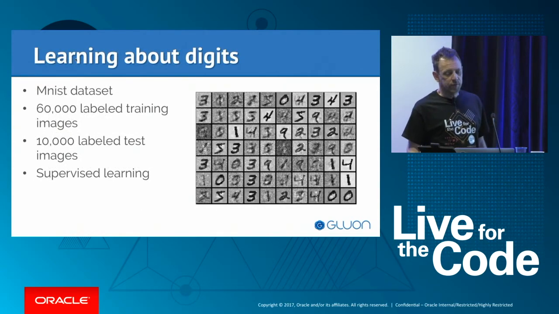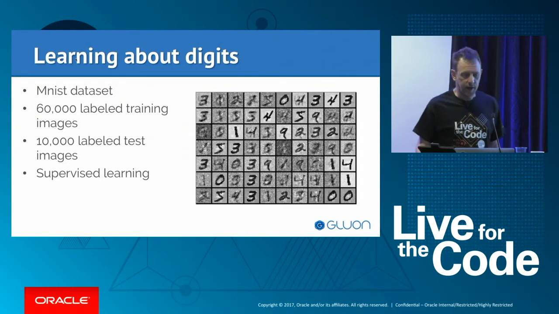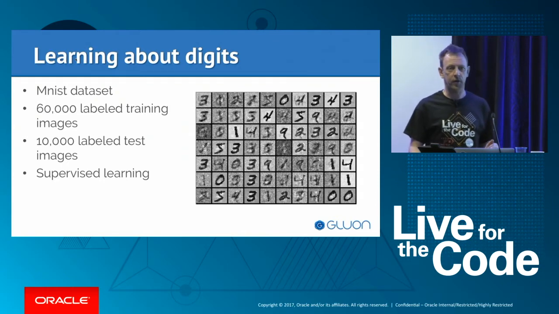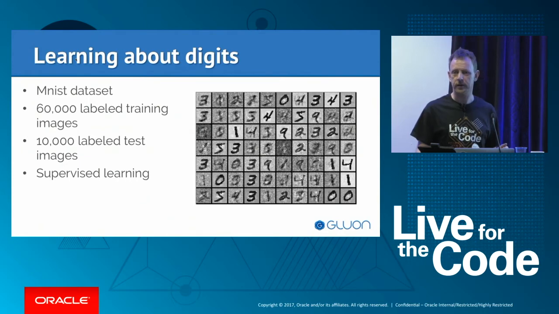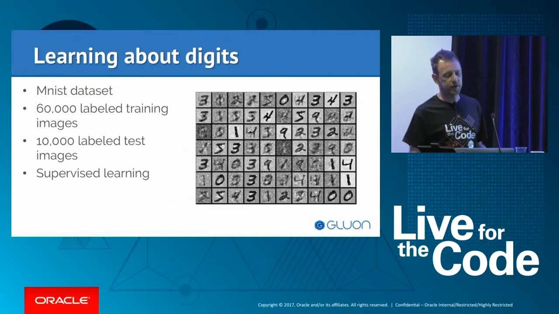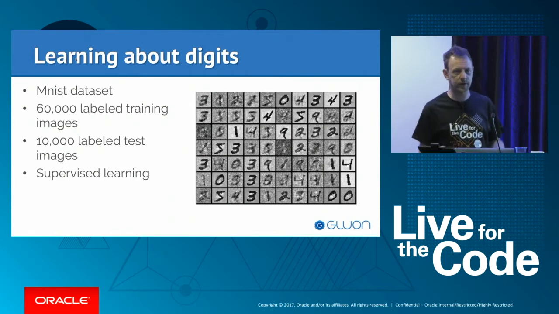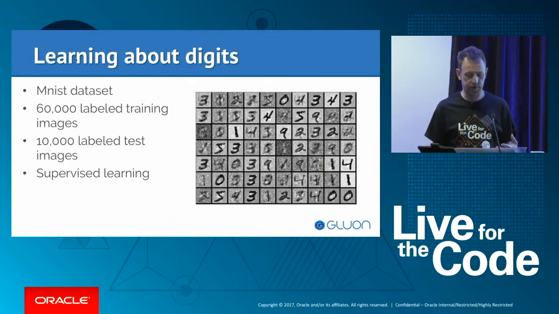The hello world of deep learning is MNIST. Who here heard about MNIST before? Okay, a couple of people. MNIST is a data set containing 60,000 labeled images and then 10,000 other images. The images look more or less like this, although there's some pre-processing done on it already.